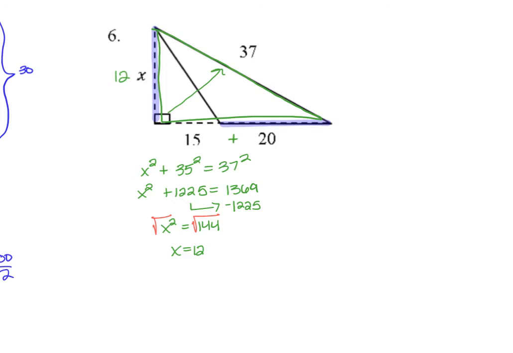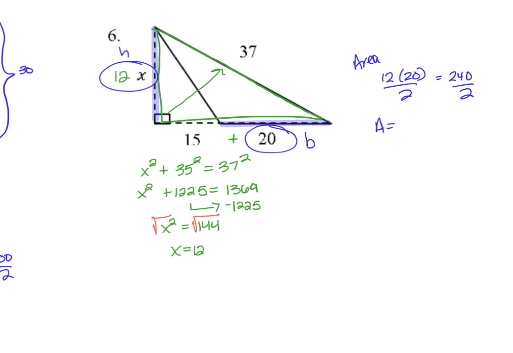Remember, my formula for area is the base times height divided by 2. So I'm going to take this for my height, just the 20 for my base, and do 12 times 20 divided by 2. 12 times 20 is 240, divided by 2. So the area is 120 units squared.